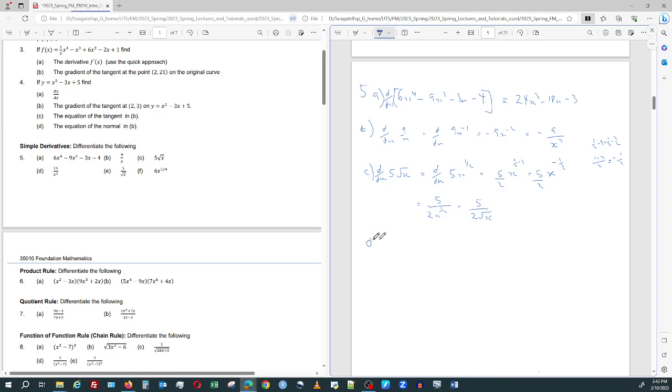Part d, d/dx of 11 over 2x squared. I like these expressions.